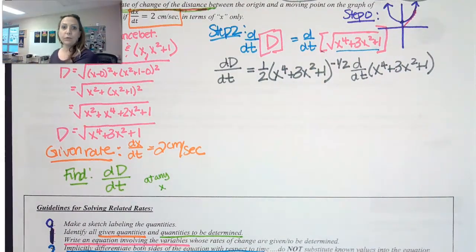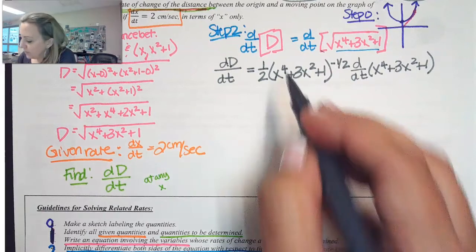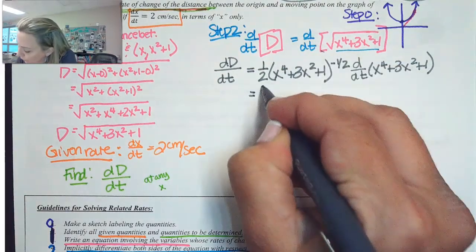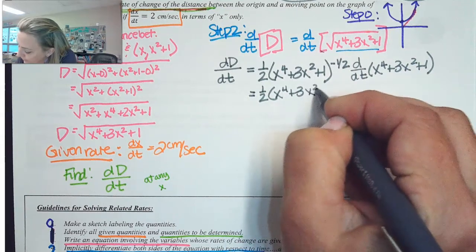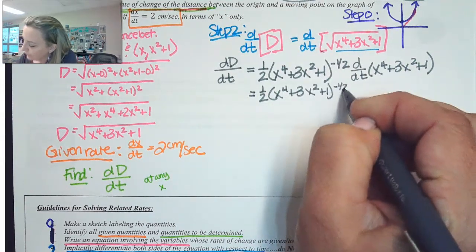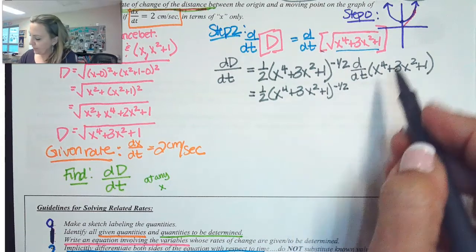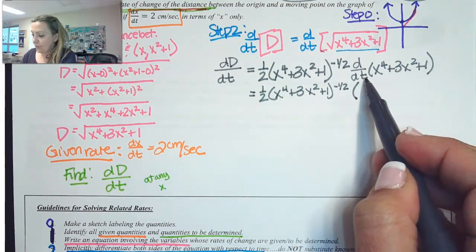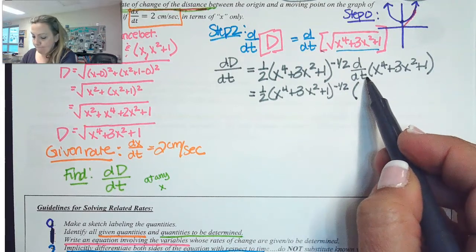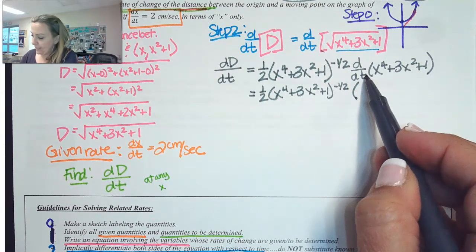Okay, so again, using chain rule again. I'll leave this alone so that I can focus on taking the derivative with respect to t here. So all of this is going to be with the dx/dt essentially.